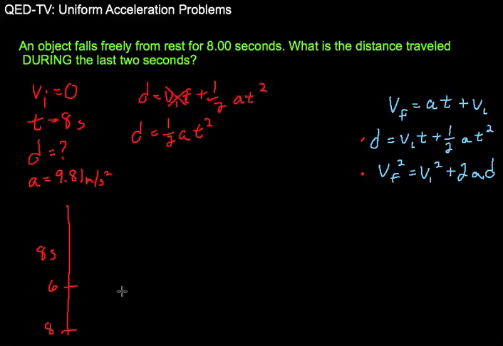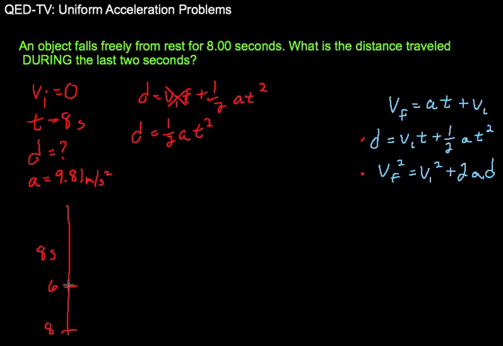And this is going to be a lot longer distance because this thing is accelerating, so it's going faster and faster. In the last second, from 7 to 8, it's going to fall a farther distance than it does from 6 to 7. So to do this, you might need to figure out how fast is it going here.